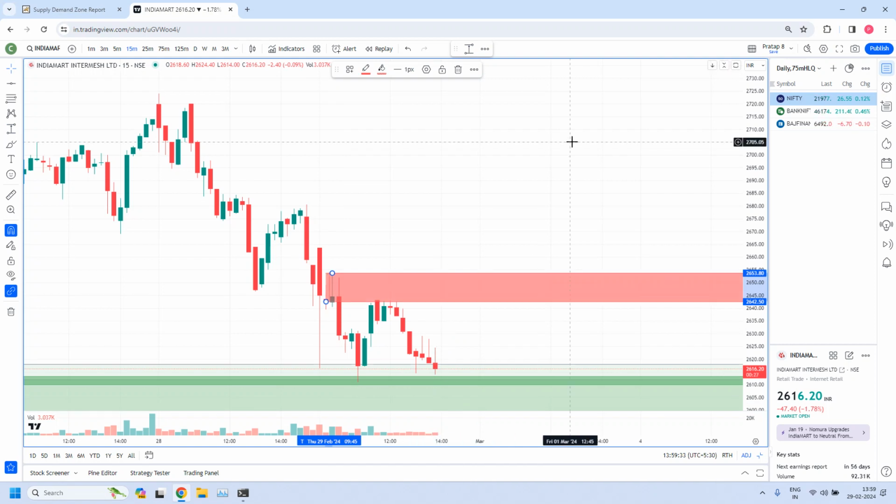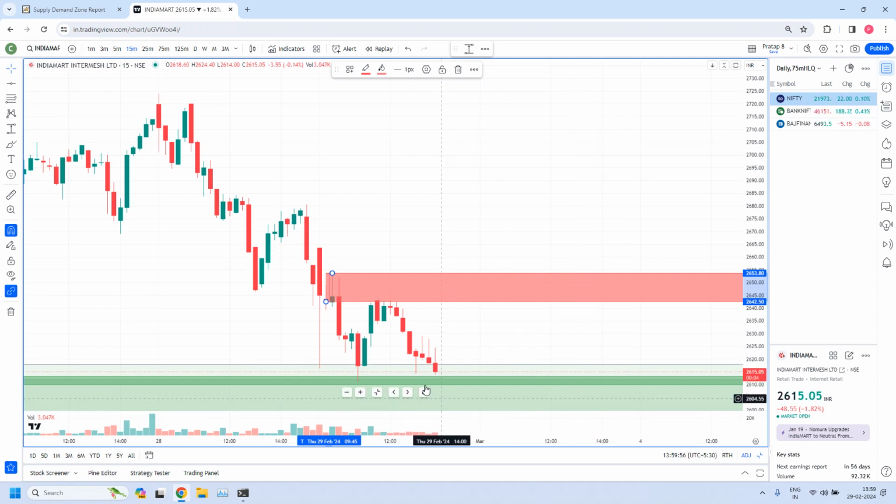So those who traded at the 1 minute level, this is the 1 minute aggressive trade. But remember, 1 minute aggressive trades are very high risk trades. They won't work every time, just like what you have seen today. But sometimes they work like this.